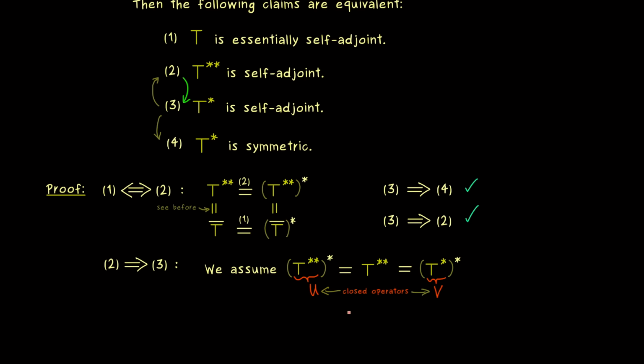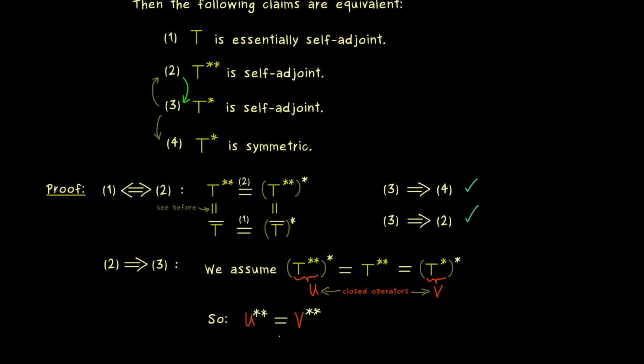For that, please recall that the adjoint of a densely defined operator is always a closed operator. So again, what we actually have here is an operator equation U star is equal to V star. So it's not a problem at all to use the adjoint operation on both sides again.